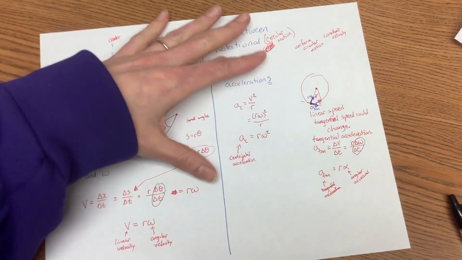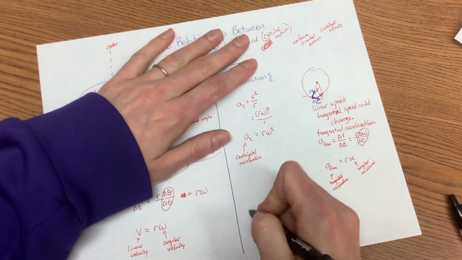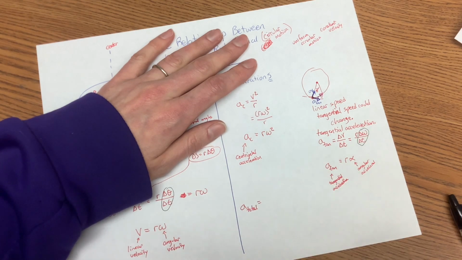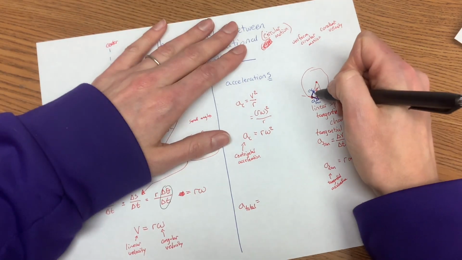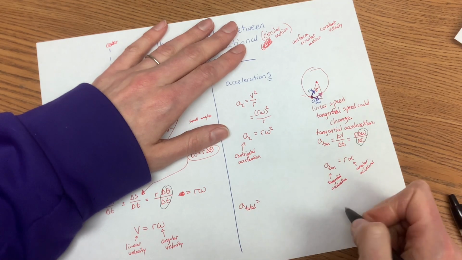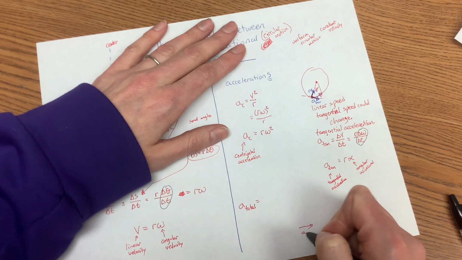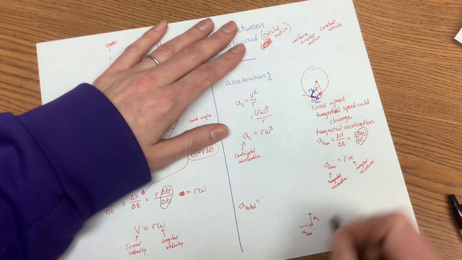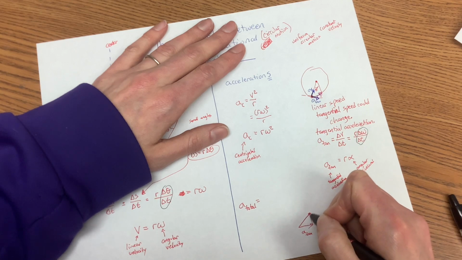But together, this brings the third acceleration, which would be the total acceleration. And since those are perpendicular to each other, it really ends up looking like a triangle, right? So we've got a tangent. If we put them end to end, we've got AC right here. So a total is the hypotenuse.